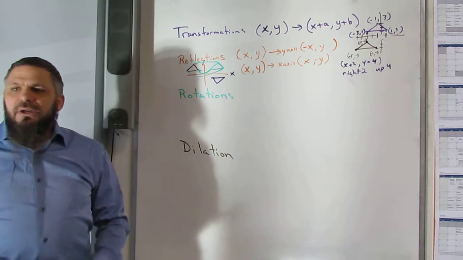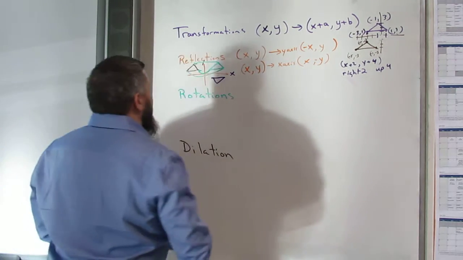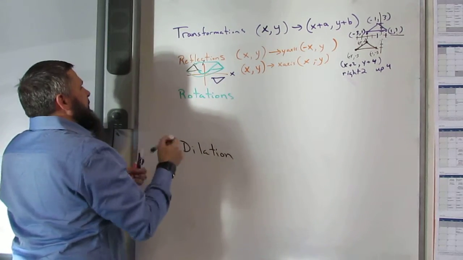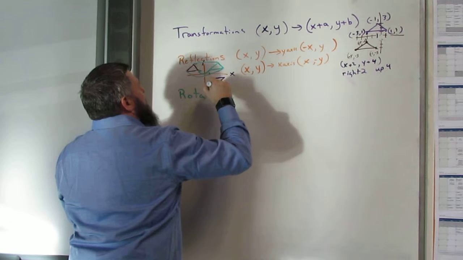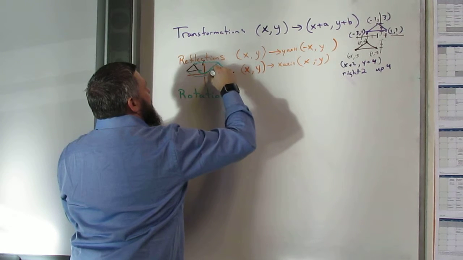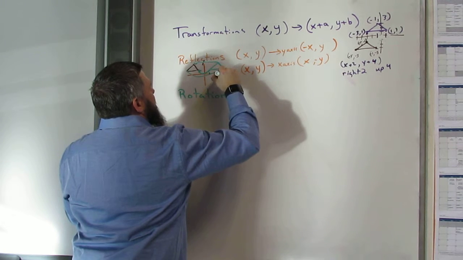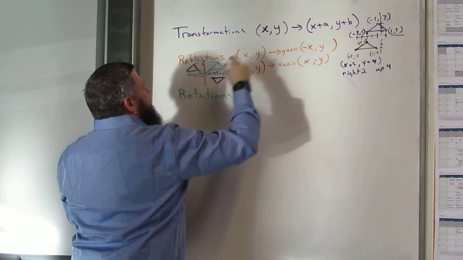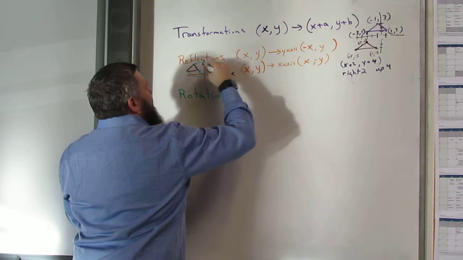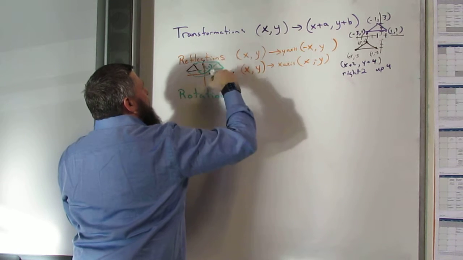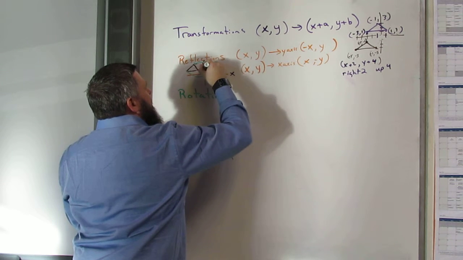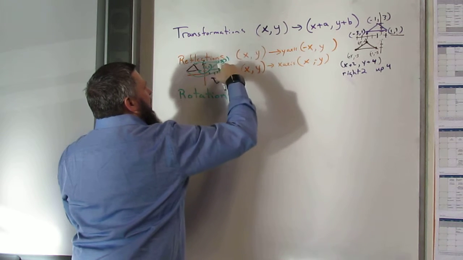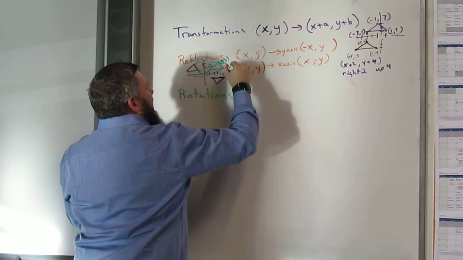So in this case, if this were a 1, 2, 3, 4, 5, this would be a 1, 1, 3, 3, and a 5, 1.